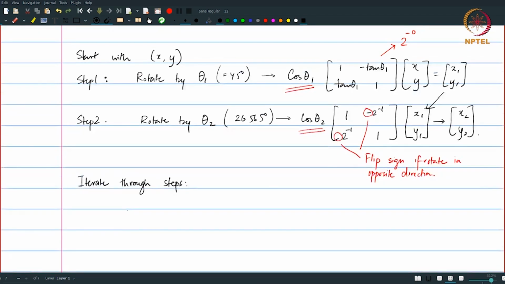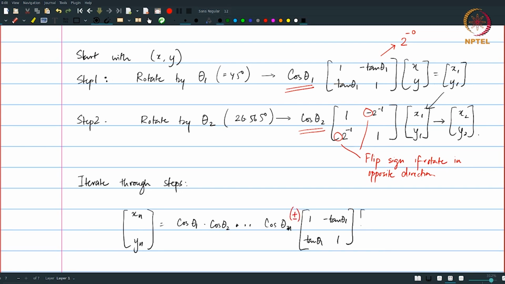And what I would finally have is that the xn, yn values are essentially going to be cos theta 1 into cos theta 2 multiplied out so many times up to cos theta n, multiplied by the matrix [1, minus tan theta 1; tan theta 1, 1], or no, it could be a plus or minus of this, and similarly a plus or minus on the next matrix, plus or minus on the next matrix, etc., as required in order to converge the angles.